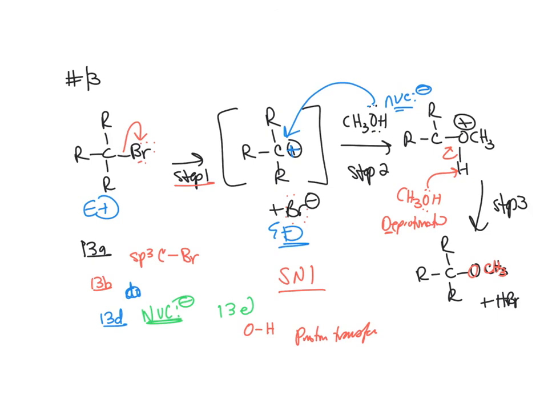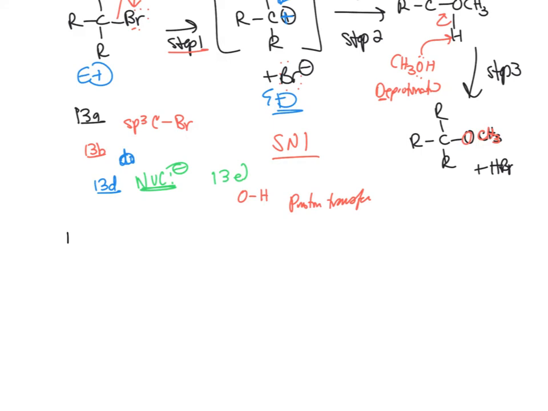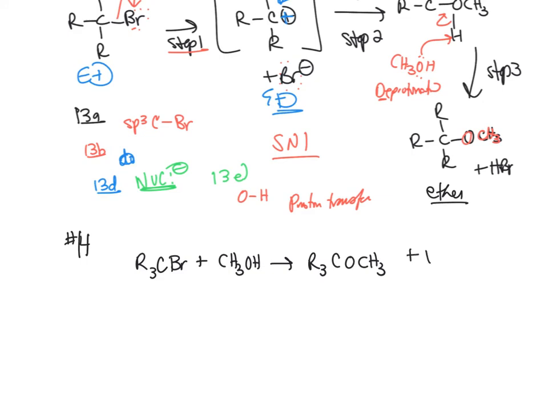Okay, number 14. The net reaction for 13 is here. What did you make? You made an ether, okay? This is an ether. So you started with a methyl alcohol and an alkyl halide, and you made an ether.